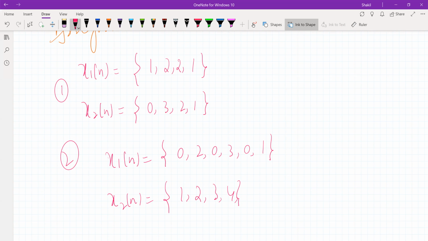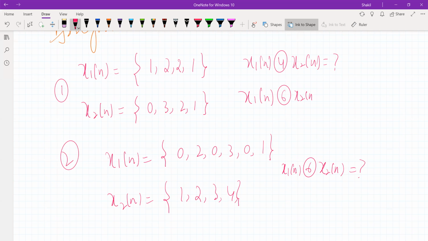So you have to evaluate x1 of n 6-point circular convolved with x2 of n. First you have to perform the 4-point, and then you have to find the 6-point convolution. So you have to solve this twice.